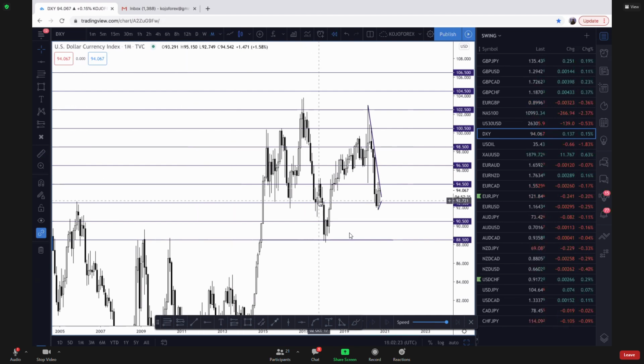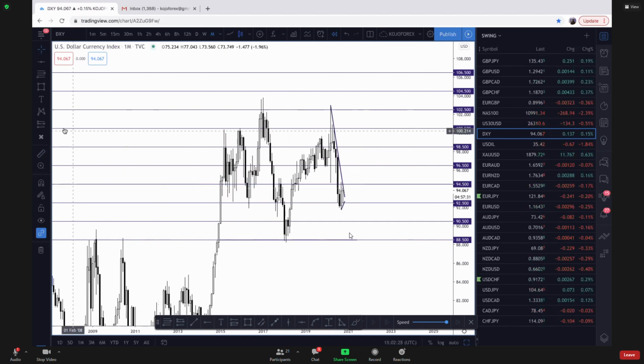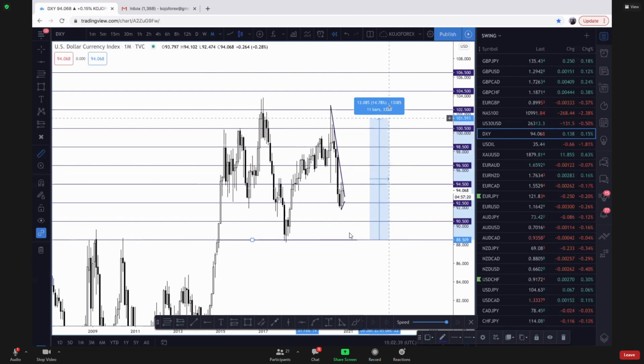Yeah, so when it comes to the DXY, you can take a screenshot as well with respect to the levels. These levels have been on the chart for only God knows how long now. And somehow, it does play along brilliantly.